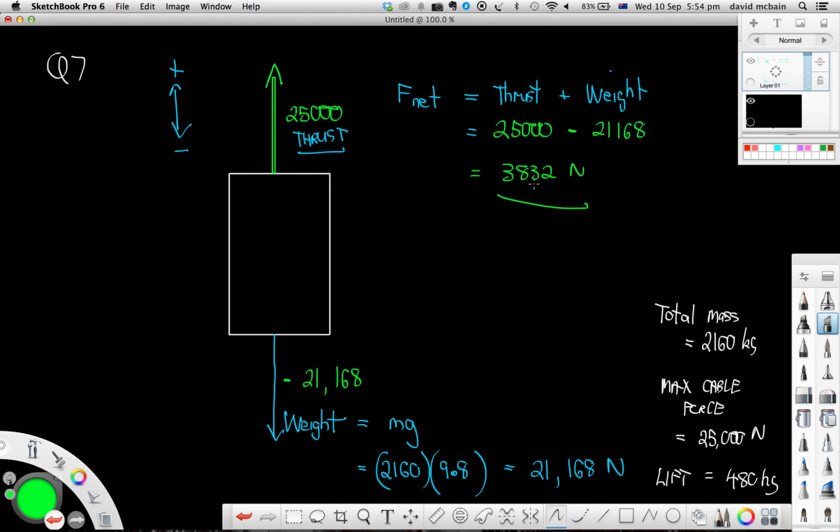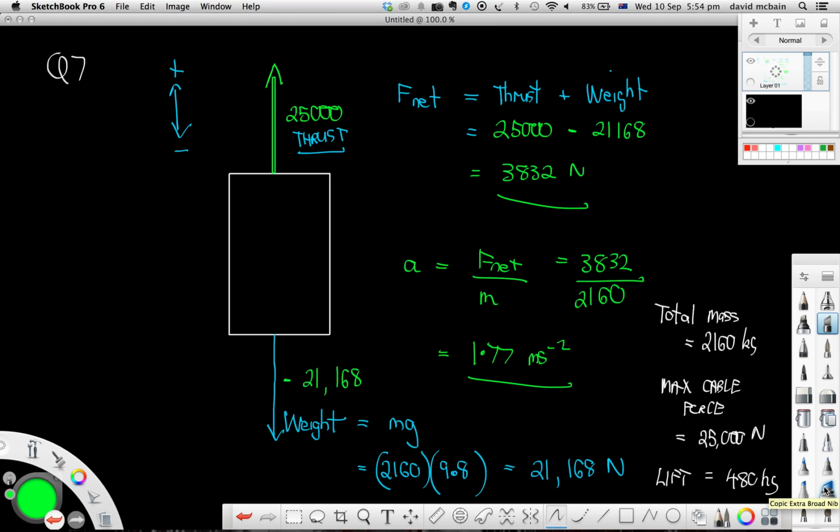So, if that's the net force, then the acceleration will be the net force over the mass, which is going to equal 3832 divided by 2160, and that equals 1.77. That's 1.77 meters per second squared.